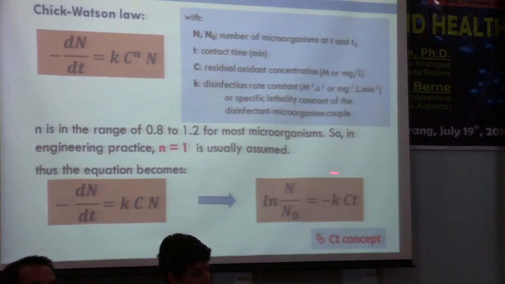So we have directly this relation between N, the number of microorganisms at the end of the experiment, for example, and N0 at the beginning of the experiment, directly related to k, the rate constant, and CT, the parameter. So this is important: not T alone or C alone, but the product CT is important to measure the efficiency of the disinfection.